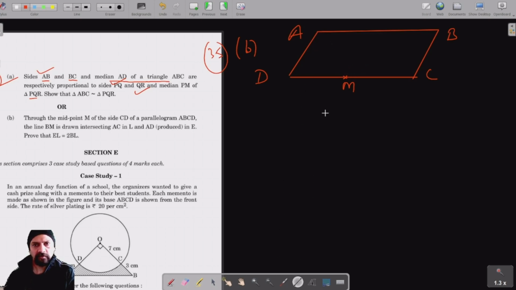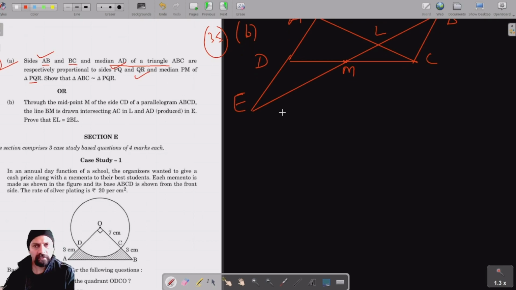So AC is the diagonal. So a line is drawn to intersect AC in L, and AD produced in E. So AD is produced, and this line intersects AD produced in E. Okay.